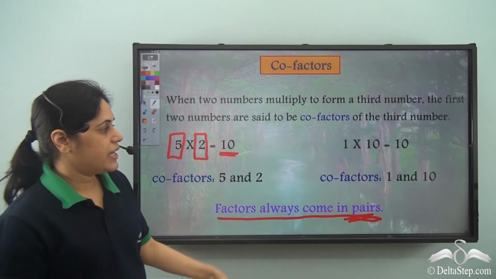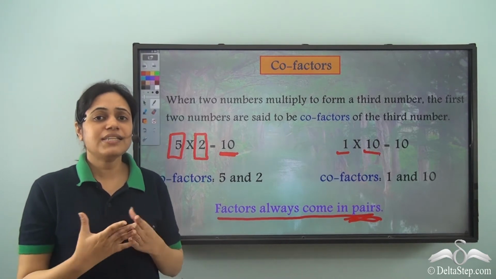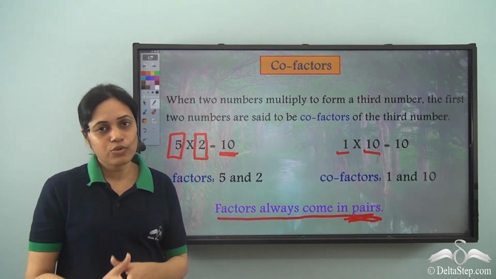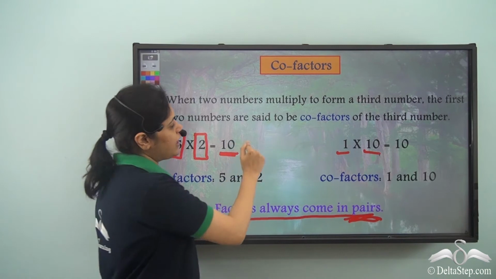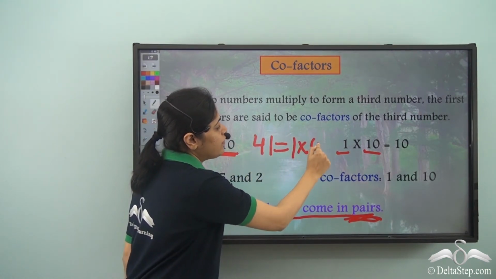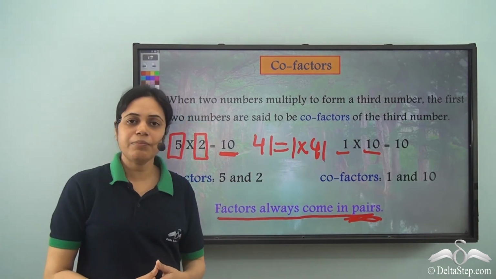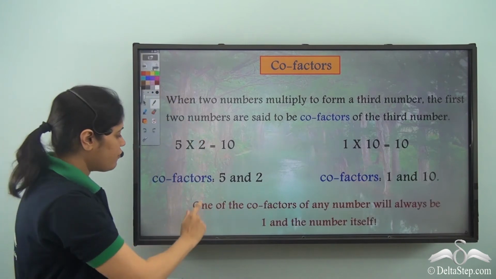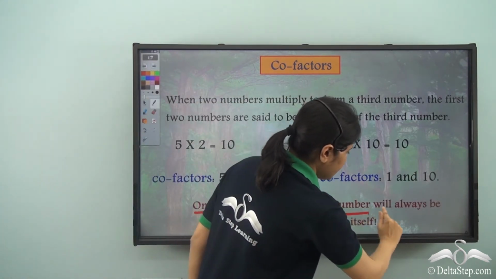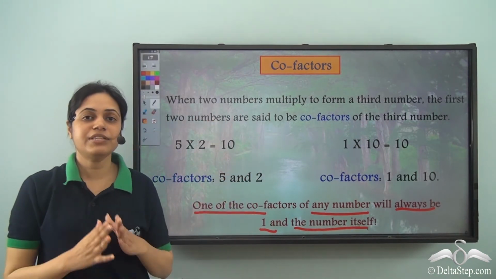Also observe something. This is 1 into 10. Now I can write any number as 1 into that number. So take any number, suppose 41. So 1 into 41. Any number can be written as 1 into that number. So one of the cofactors of any number will always be 1 and the number itself.